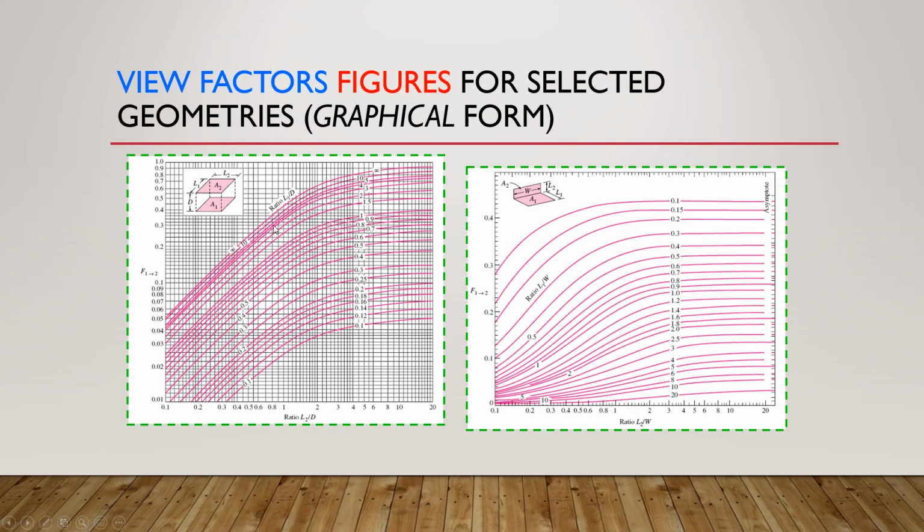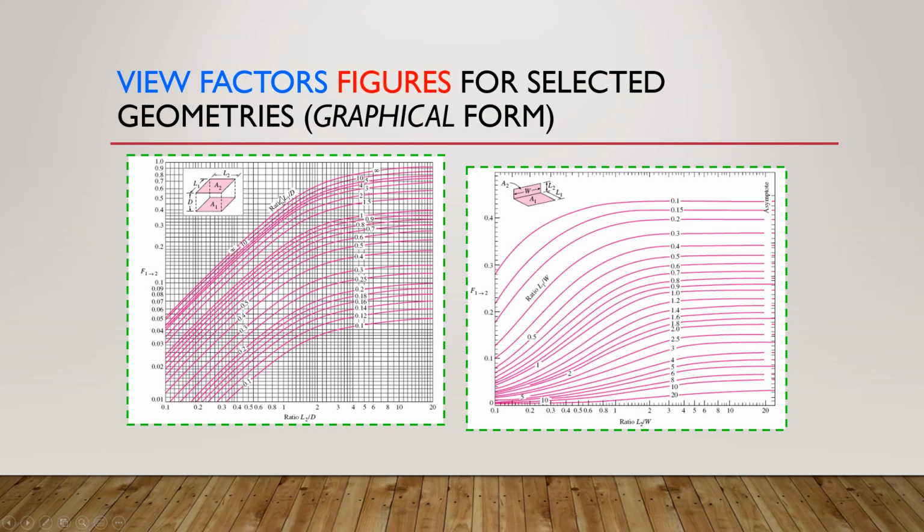But it is important for you to find the ratio L1 over D. You will see this figure on the top of this graph. Please substitute the values based on this geometry. Do not simply assume that L1 is here or L1 is here. Please refer to this figure and make it tally with your examples.